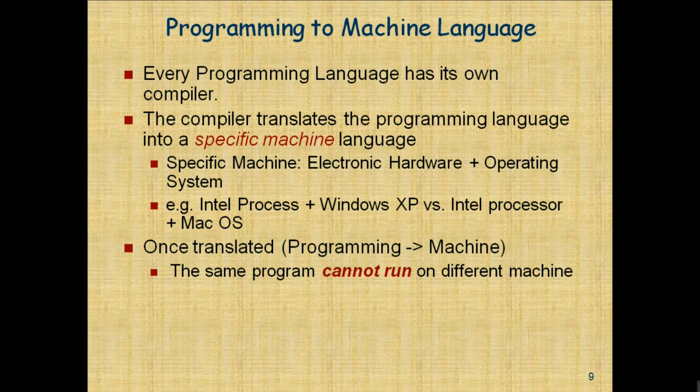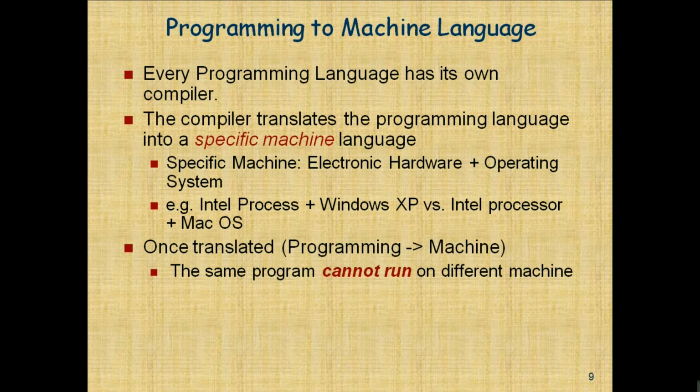You have written one program in C. If you want to take that program and execute in some other different operating system or some other different processor, the same program cannot run on different machine. Definitely it is not going to run. So that is a drawback of programming language.